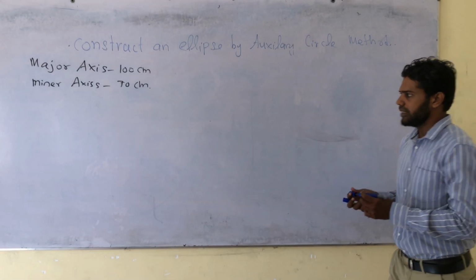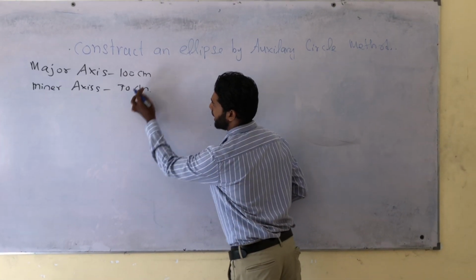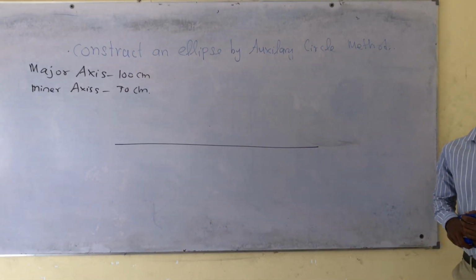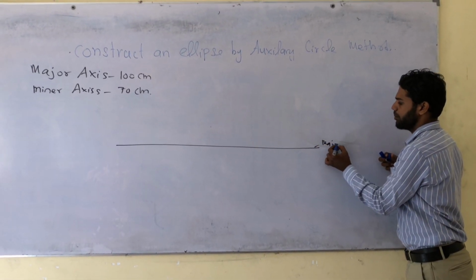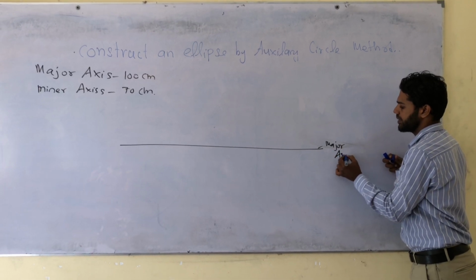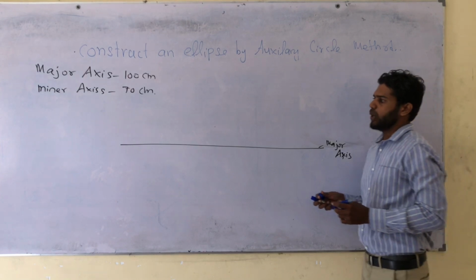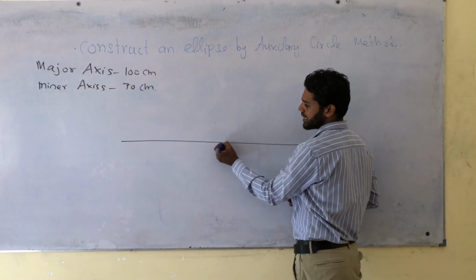It means the first step is you have to draw the major axis. It should be a horizontal line. This we call major axis. Then you have to select a center point.